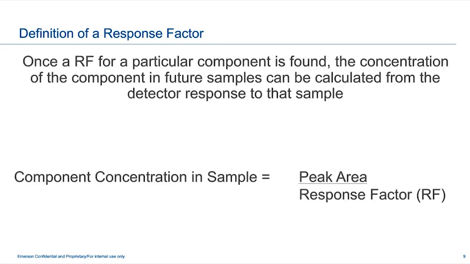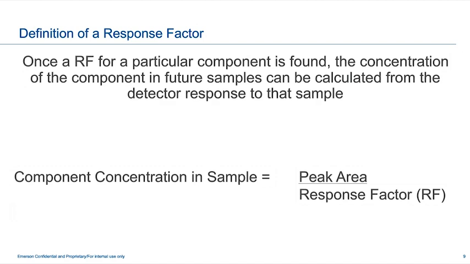So the value of using a response factor for a component that was calculated using a known standard, the calibration concentration, is that the concentration of that same component within an unknown sample is then able to be calculated. So if we want an accurate determination of an unknown sample's component concentration, then it's critical the response factor for that component is correct, as stated in GPA 2261.